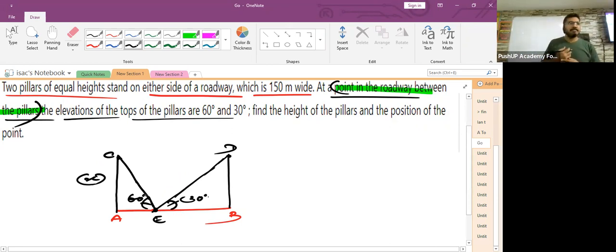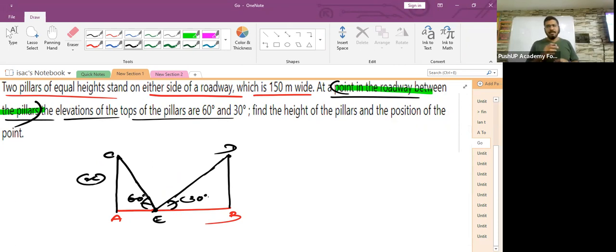Are you getting it, children? I had given you a practical demonstration the other day. The more and more closer you get to the object or the building, the more angle of elevation. You have to tilt your neck further, isn't it? The far you get away from the object, lesser you have to tilt your neck. That's a practical demonstration. All right, figure is ready.